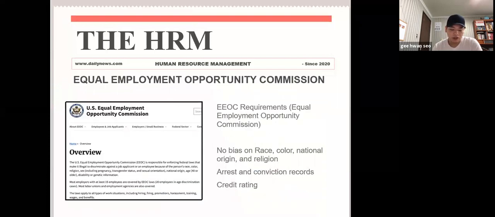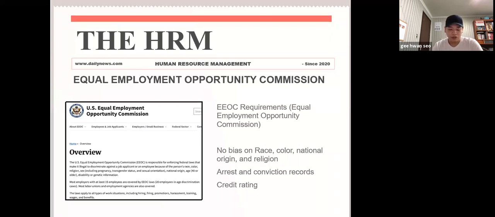The U.S. Equal Employment Opportunity Commission, EEOC, is responsible for enforcing federal laws that make it illegal to discriminate against a job applicant or an employee because of the person's race, color, religion, sex, including pregnancy, transgender status, and sexual orientation, national origin, age, 40 or older, disability, or genetic information.